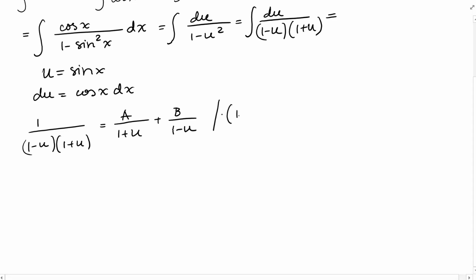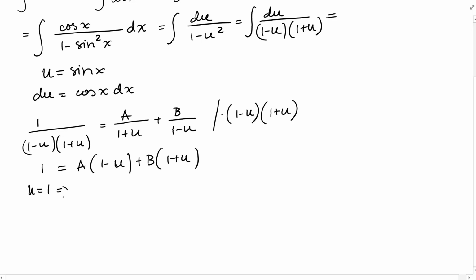Now I'm going to multiply by (1 minus u)(1 plus u), and I'm going to get 1 on the left side, and on the right side a times (1 minus u) plus b times (1 plus u). So if we set u equals 1, we get 1 equals 2b, or b is 1 over 2. And if u equals negative 1, we get 1 equals 2a, or a equals a half.